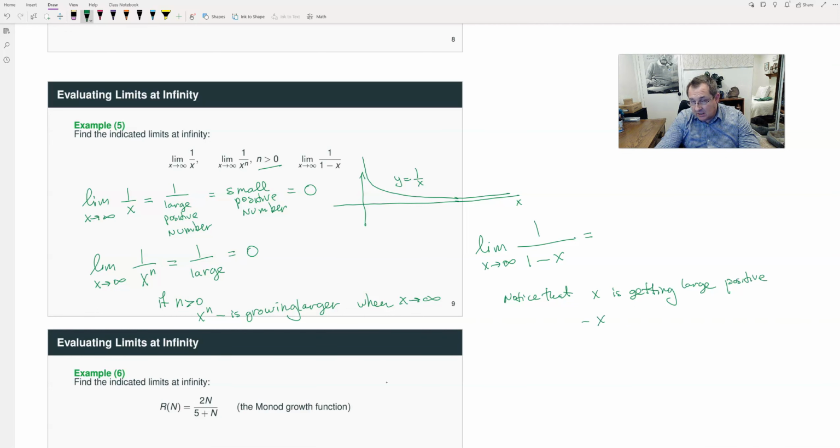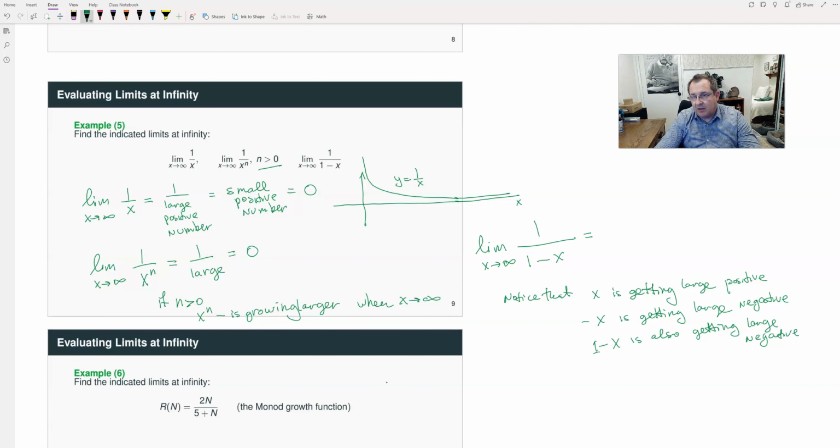Well, minus x is correspondingly getting large negative. At the same time, 1 minus x is also getting large negative. Why is this so?